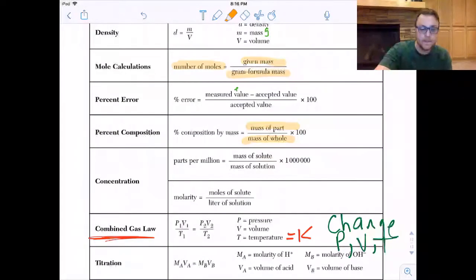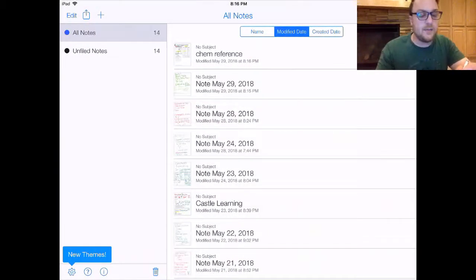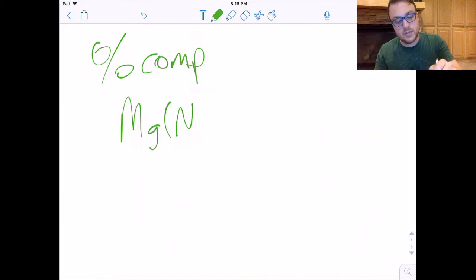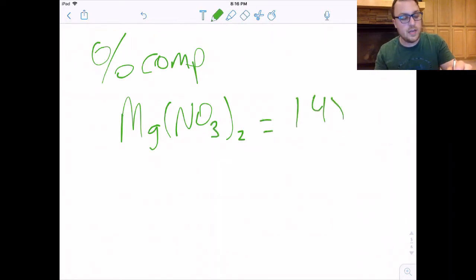The last one we did was MgNO3, and if memory serves me right, this weighed 148 grams per mole. Okay.